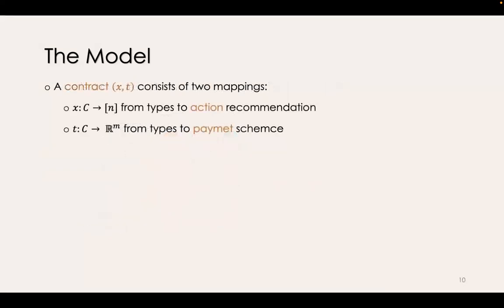One is from the agent's type to a recommended action, and the other is from the agent's type to a payment scheme. And this is actually the direct revelation notion of a menu of contracts. And since the agent's type is hidden, we rely on the agent's type report, which is not necessarily equal to his true type. And then based on that, the payment scheme and the action recommendation is determined.